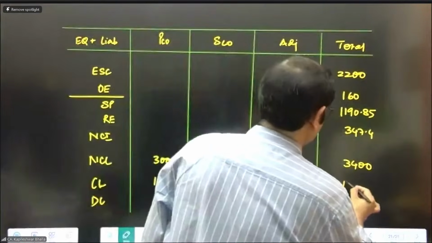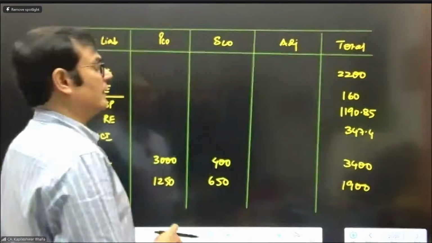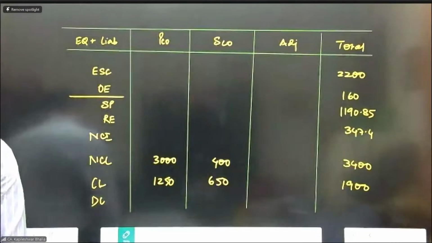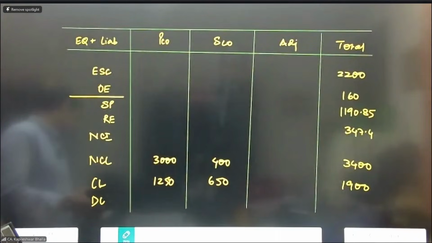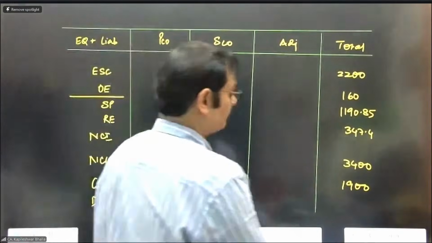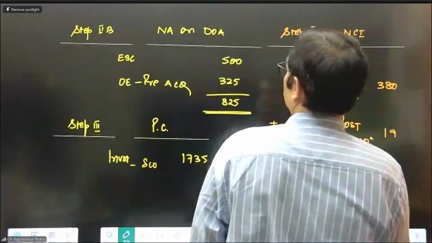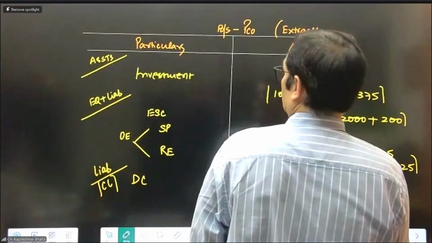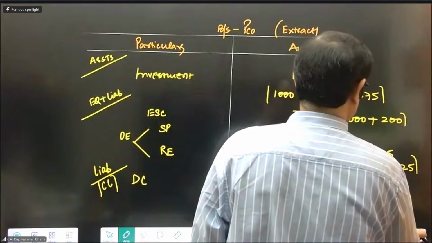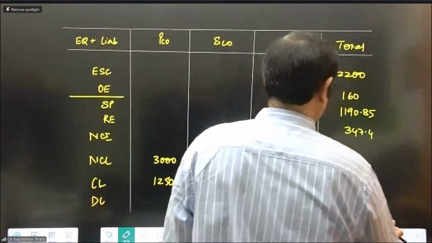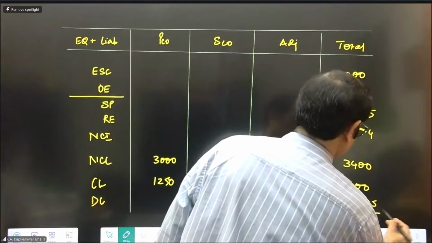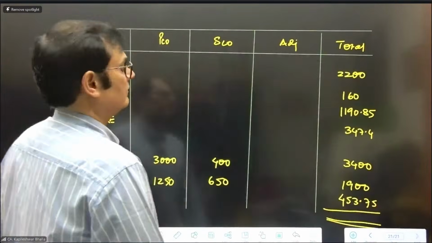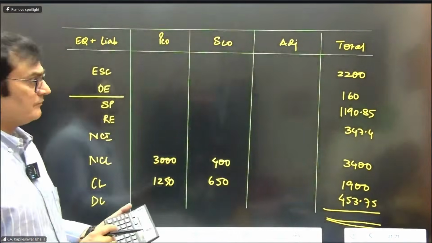That is, I guess, 1900. And DC will be taken from the extract balance sheet. So let's go back to the extract balance sheet to pick up the DC. That is 453.75, and I think that's the total of the balance sheet.